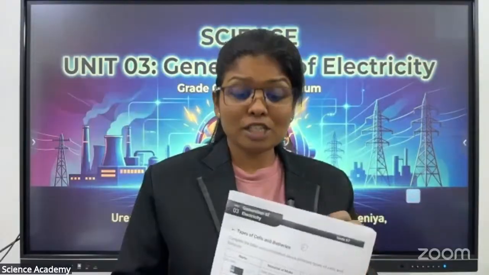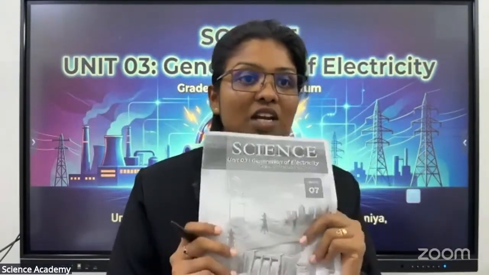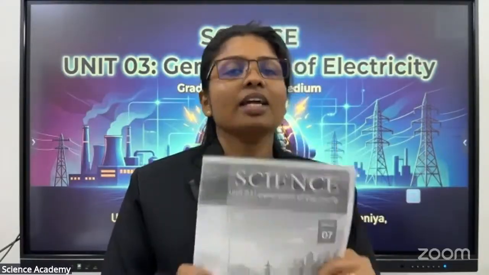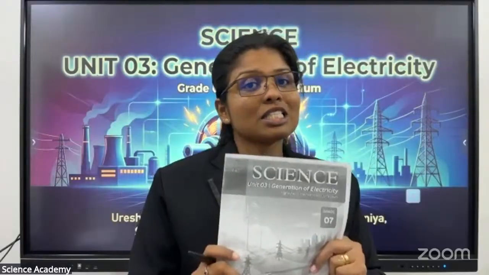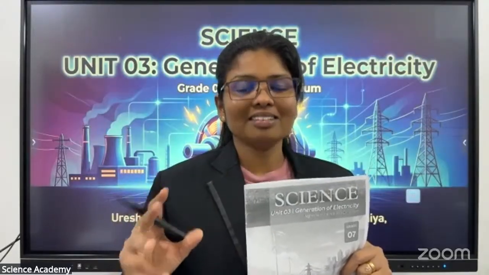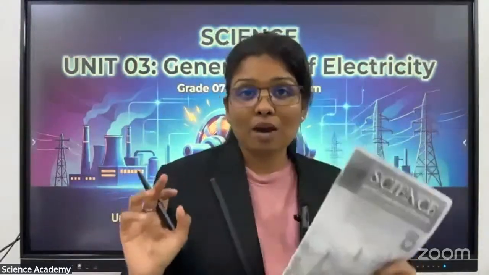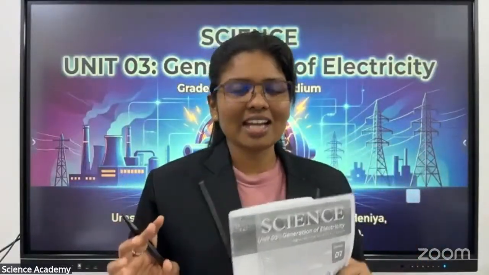Newly joined students, I hope that you have already printed this tube, Generation of Electricity. If you have missed previous recordings, we have sent them, related to the February month. So children, you have to refer to those and clarify if you have any doubts.